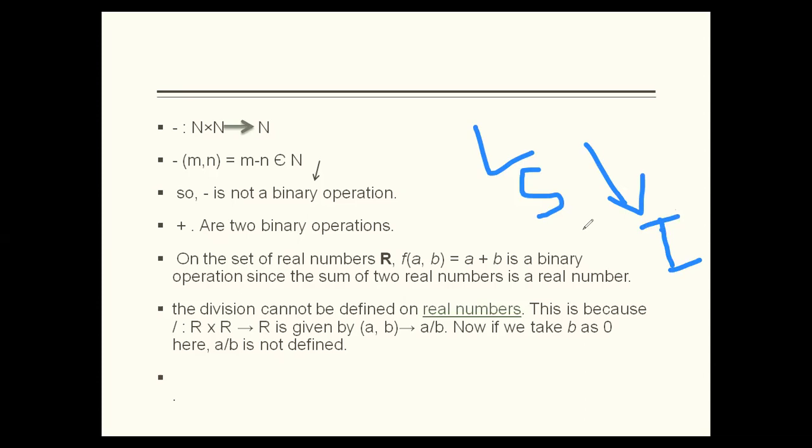And in group theory, binary operation, as we defined already, is very important. So here we see some examples and the definition of binary operation, and also some counter examples, and these counter examples help us make some important decisions about group theory.